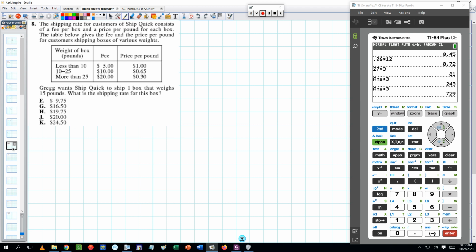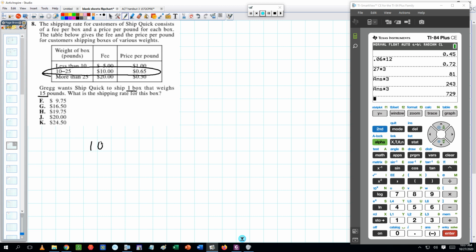The shipping rate for a customer of Quick Ship consists of a fee per box and a price per pound of each box. The table below gives the fees. Greg wants Quick Ship to ship 1 box that weighs 15 pounds. Well, 15 pounds puts us in this middle category right here.